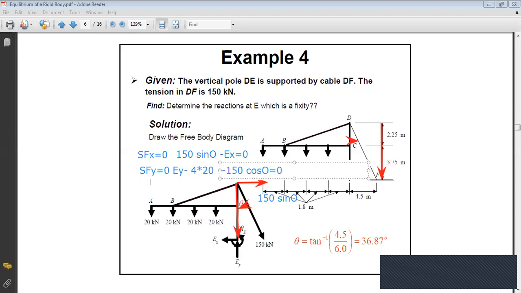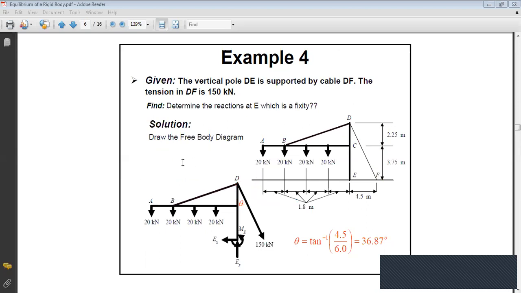We still need to find the moment ME. For the moment ME, you are free to use any point you want, okay? But by choosing point E, you will get rid of the moments of Ex and Ey. So in order to find ME, we can do sum of moment about E equals to 0.